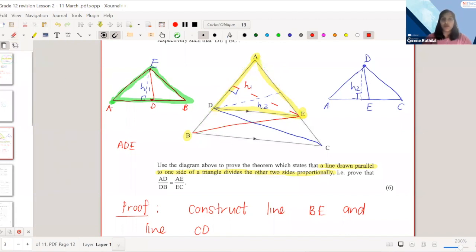So we've got our area of triangle ADE, and the other triangle that I want to consider is actually triangle BDE, right? So let's draw our attention to BDE, and let me highlight that one instead.